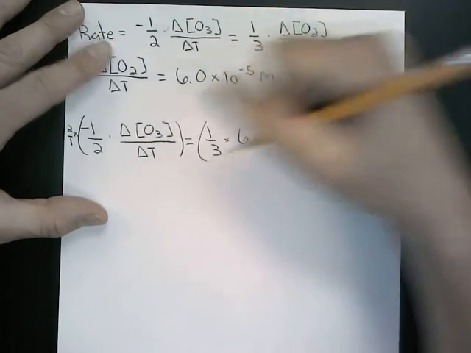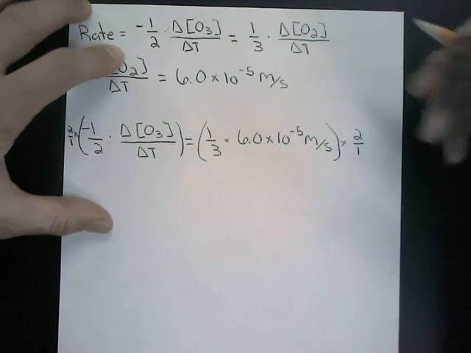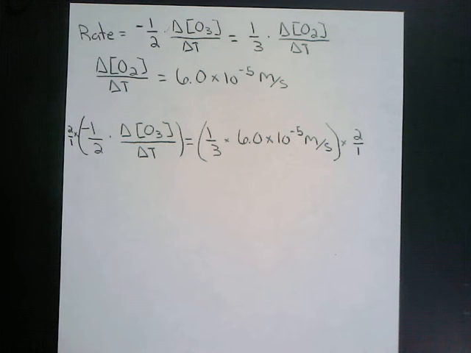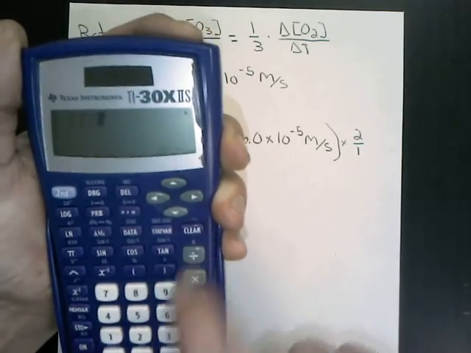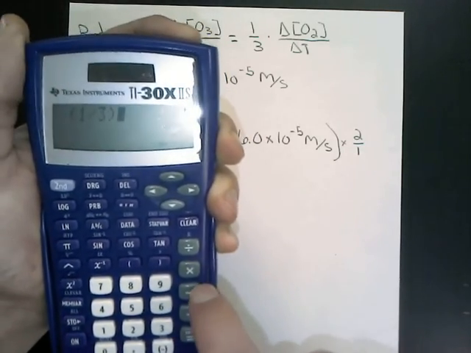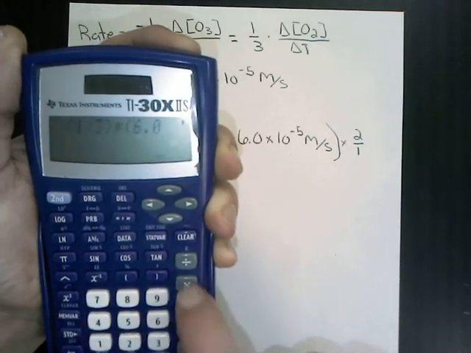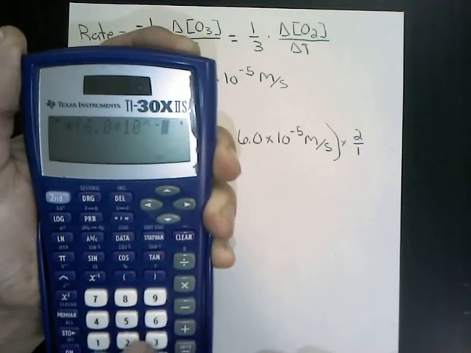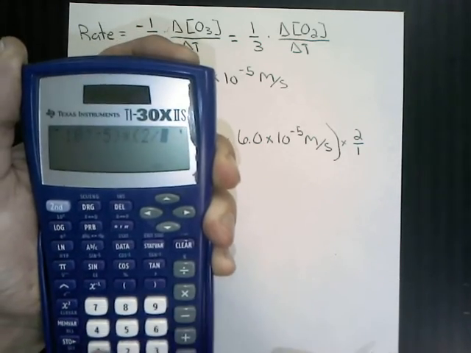So on this side, I'm going to multiply everything by 2 over 1, or if you want to call that just 2, that's totally fine by me. So to solve this particular problem, we're going to have 1 over 3. We're going to multiply that by 6.0 times 10 to the negative fifth times 2 over 1.